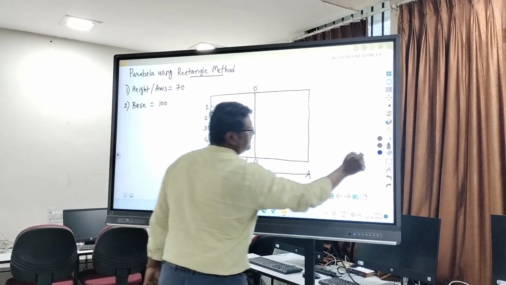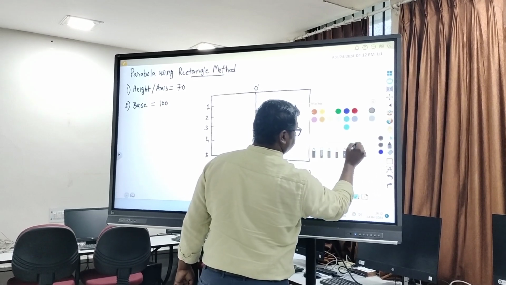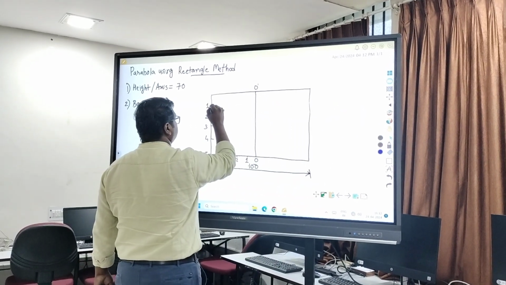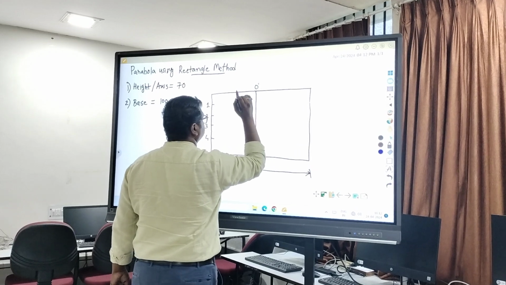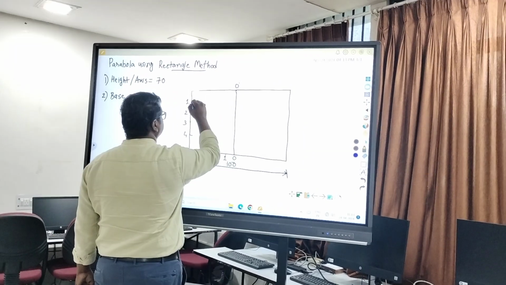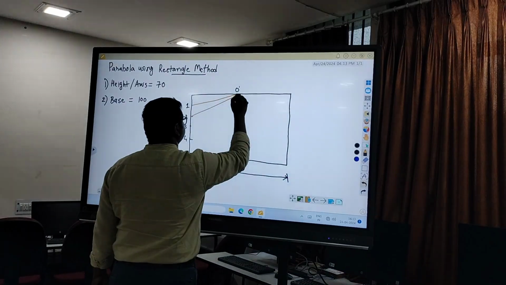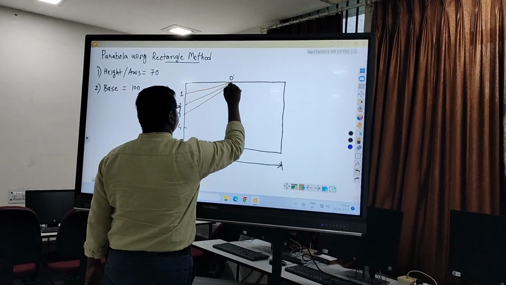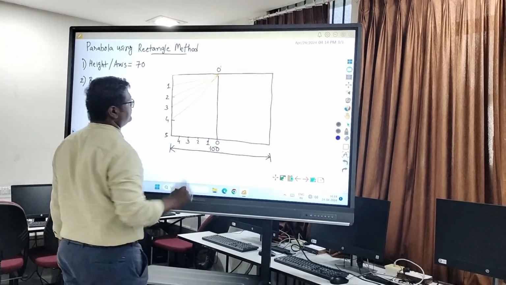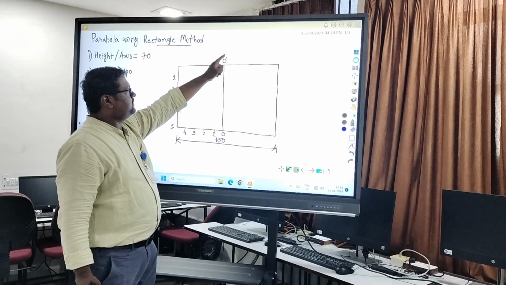So we are joining the different points: first point, then second, joining the points one by one, 2 with O dash, 3 with O dash and 4 with O dash. So we have joined all the points with this top point O dash.